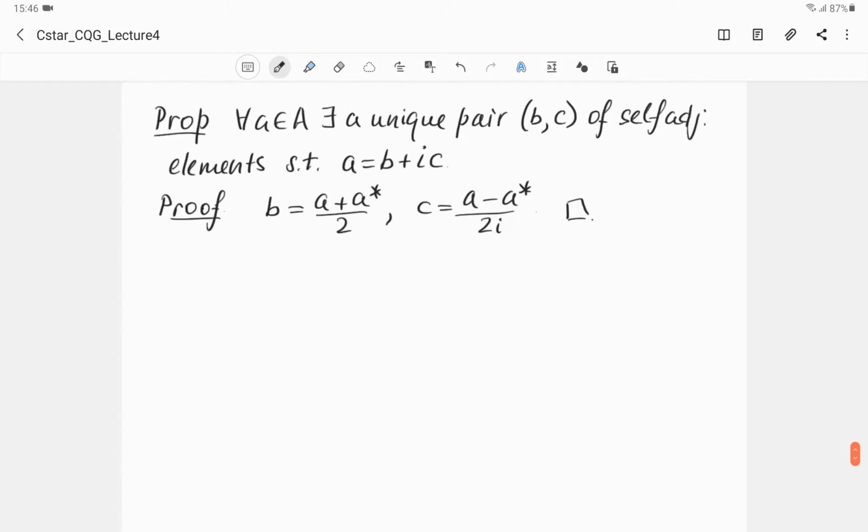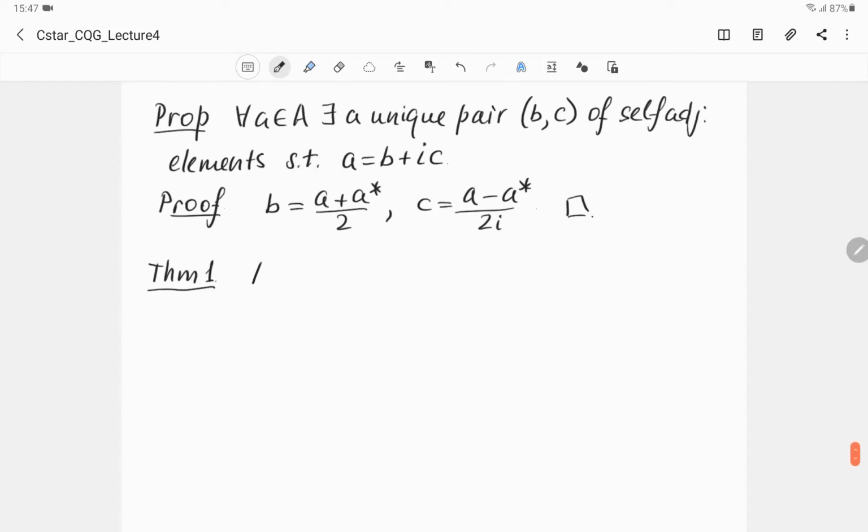Okay, now let's prove something more interesting. We have the following result. This is Theorem 1. It's quite easy, but I call it a theorem because it is very important.